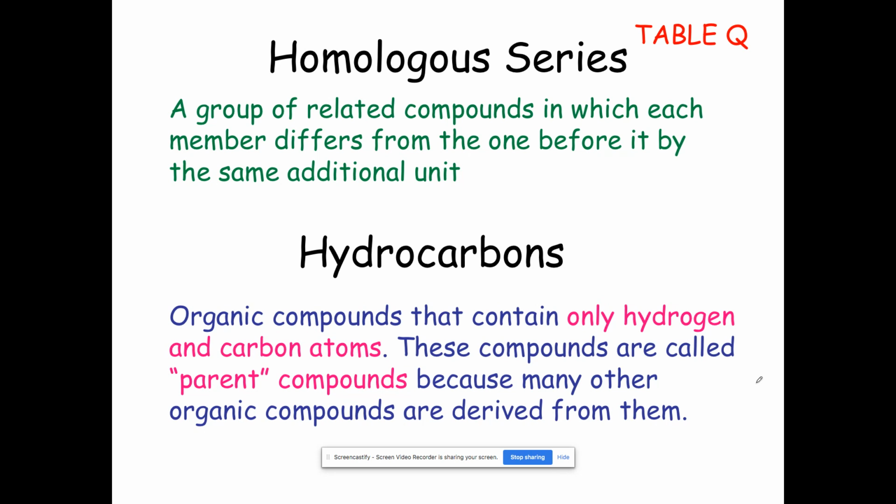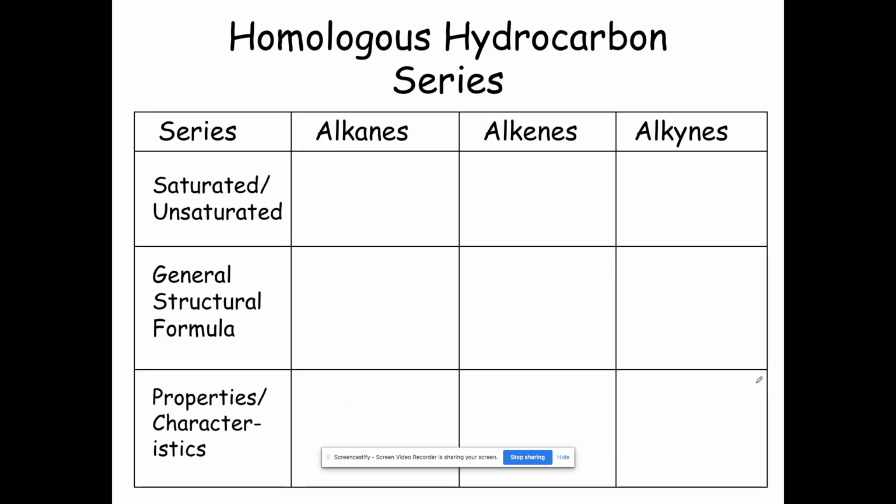So if you're looking at table Q, you see we have 3 different kinds of homologous series. Just take a look at them right now. So I'm just looking at what we call the alkanes. Alkanes have all single bonds. If you look at alkene, you see a double bond. If you look at alkyne, you see a triple bond. So that is important. It has to do with the kind of bond you find.